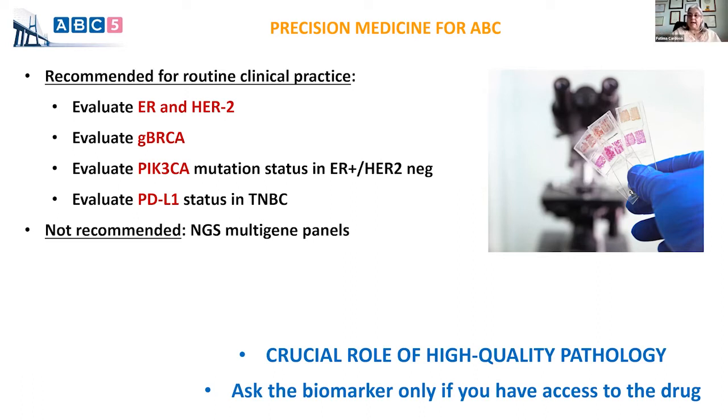So to go and do a Foundation One type of analysis of the tumor, because in breast cancer, we still don't know what to do with those results. We only need a couple of biomarkers. So maybe it's worthwhile to do what we could call a breast cancer specific panel, right?